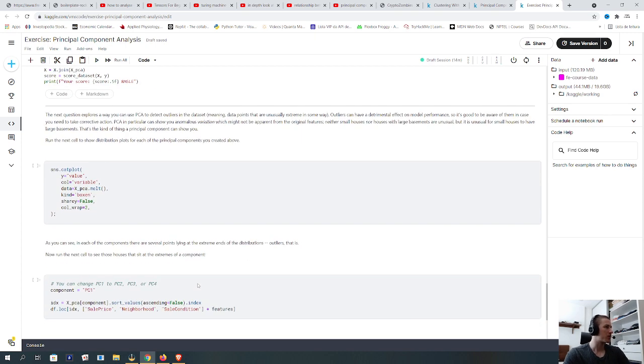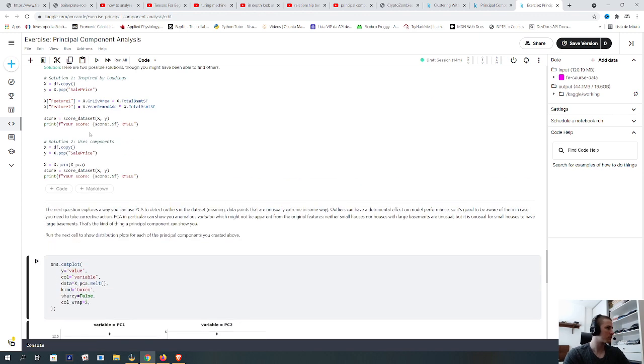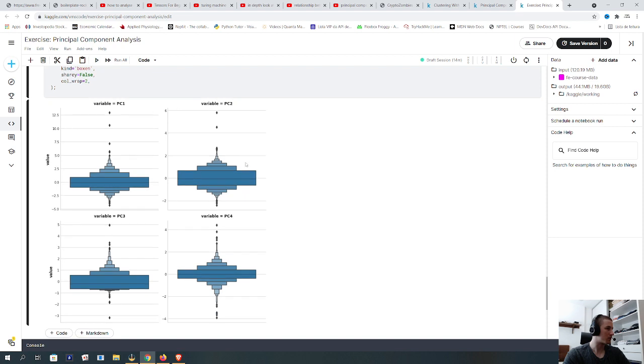Next question explores a way you can use PCA to detect outliers in data sets. So it's creating a graph with the PCAs.